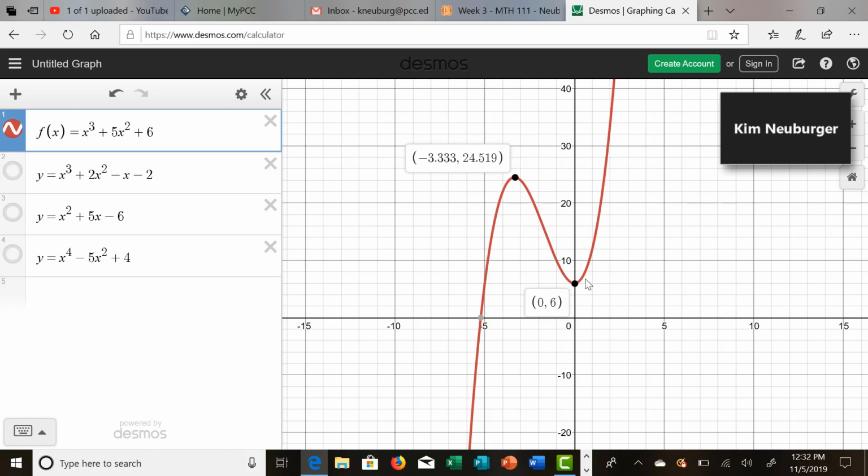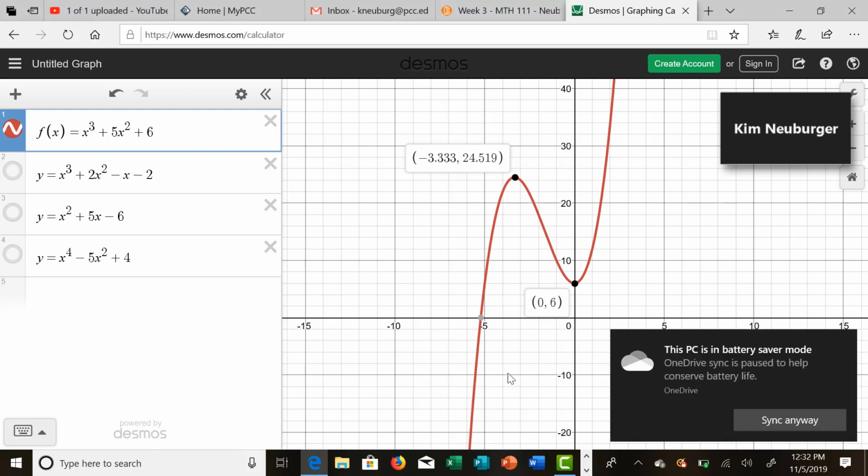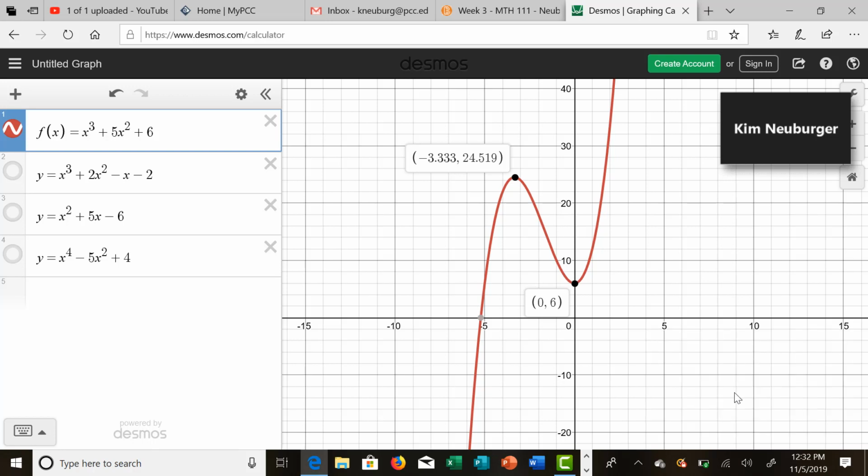Now, that's not an absolute minimum because notice over here, this graph continues going down forever. So there isn't any absolute maximum or minimum for this particular graph. Now, since we have an odd exponent, that ends up being the case.